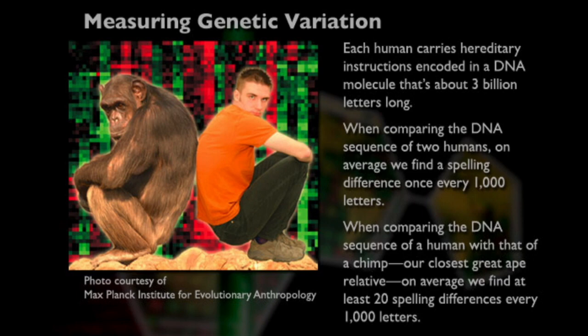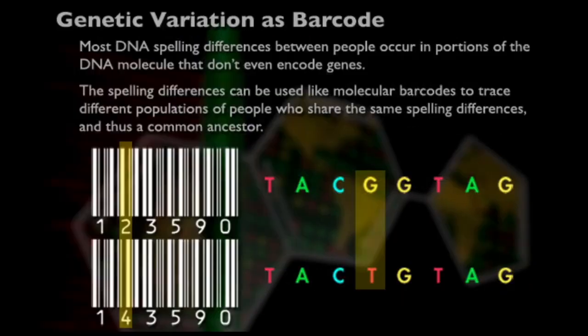We call these spelling differences within our DNA SNPs, single nucleotide polymorphisms. They don't really encode for something. Most of these spelling differences are not in genes that encode for something, but they are in your DNA molecule.